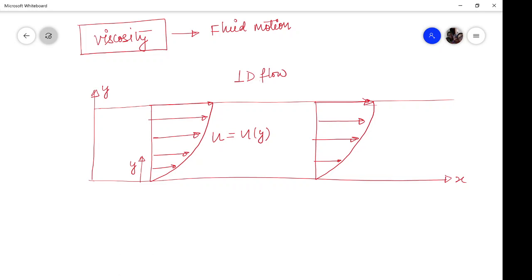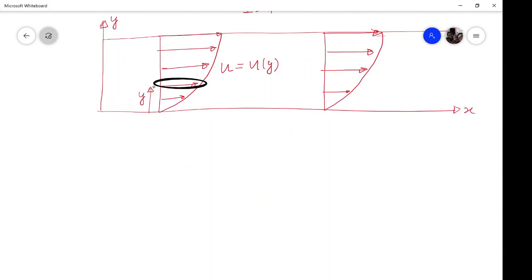Let us focus on a very small region of fluid here and exaggerate the picture. If you exaggerate this, you will find two fluid layers like this. There are n numbers of layers, but we have squeezed so that we can see these two layers, and magnified it. As you can see from the profile, as you move up in the y direction, this is the layer at a distance y, and this is a layer at a distance del y apart from the layer beneath.